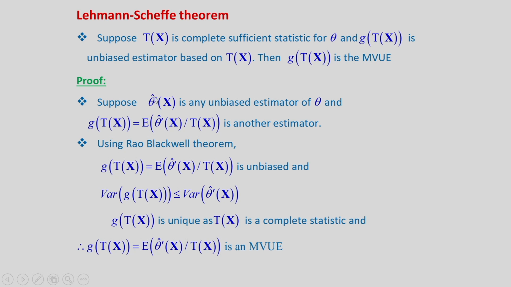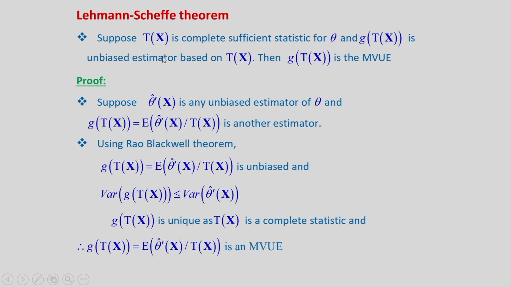Suppose theta dash hat(x) is any unbiased estimator of theta. Then E of theta dash hat(x) given T(x) is another estimator. Now using the Rao-Blackwell theorem, this estimator is unbiased and its variance is less than or equal to the variance of theta dash hat(x).